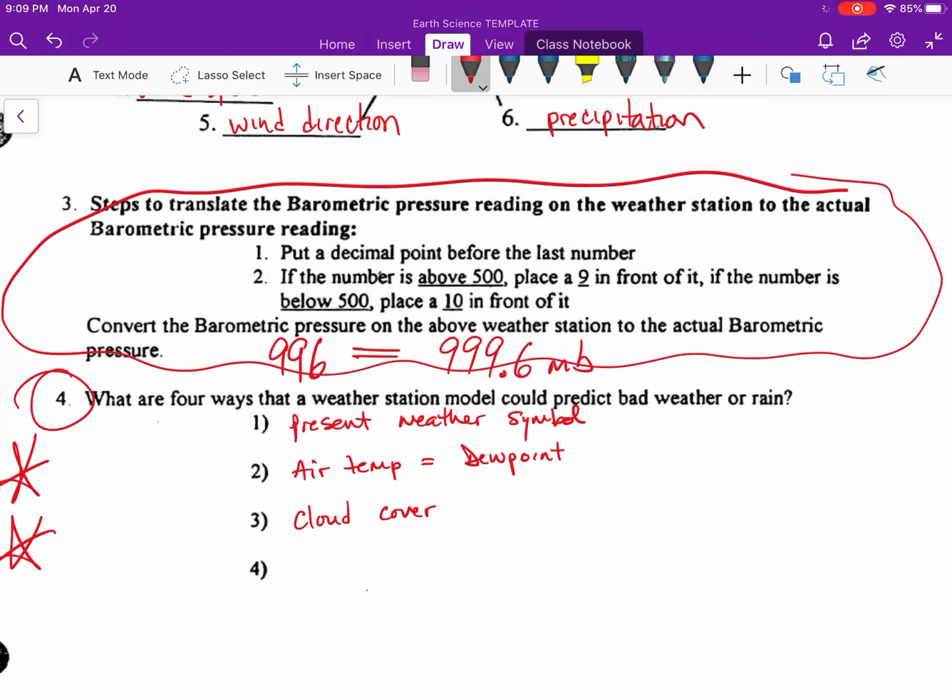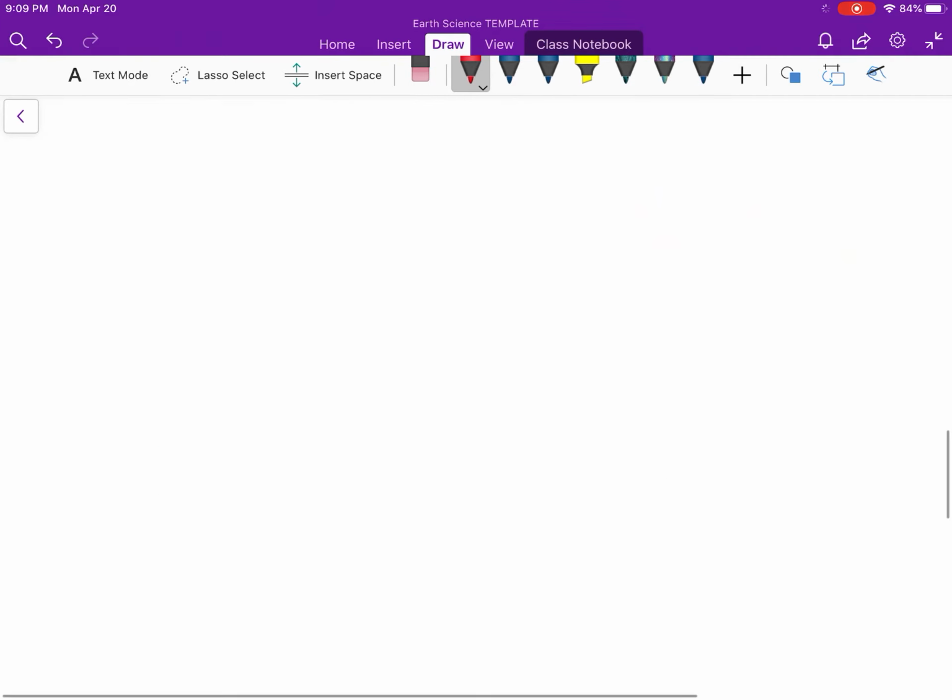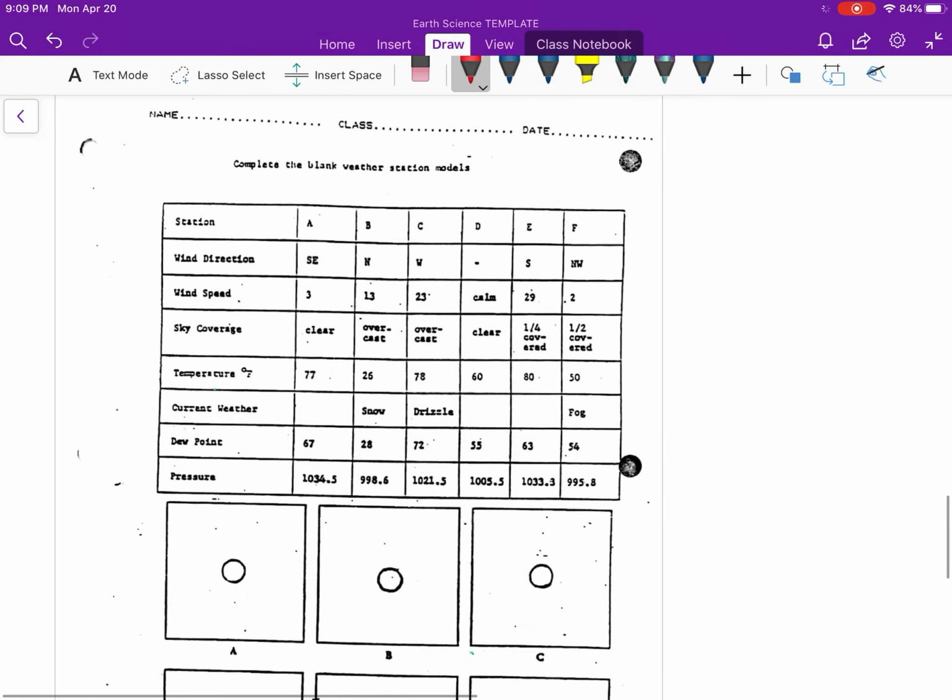If it's super cloudy and it's 100% cloudy, that means that there's a lot of condensation, that the air temperature has met the dew point, that the air is saturated. It's probably raining or going to rain. And then the last thing, take a look at that pressure trend, okay? If it is a negative sign, that means that pressure is falling. That means that you're getting closer to low pressure, okay?